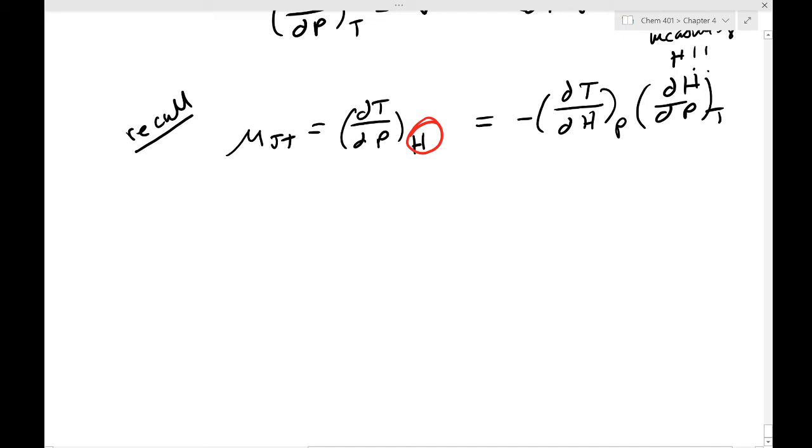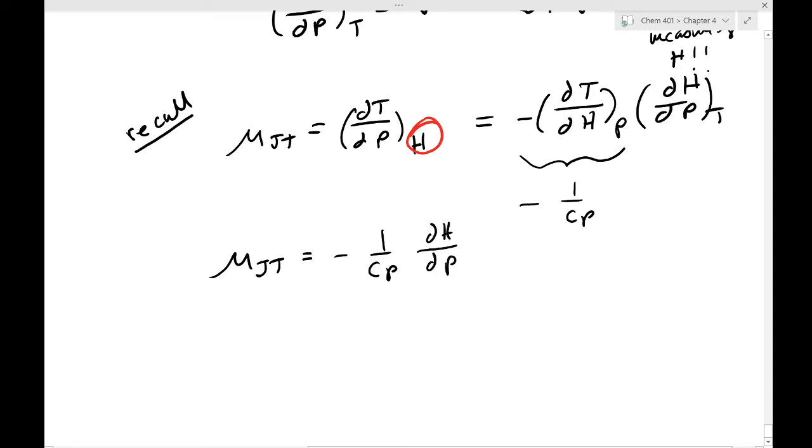The change in temperature with respect to the change in enthalpy is the inverse of the heat capacity, so this first part is -1 over Cp. So we can re-express the Joule-Thomson coefficient as -1 over the heat capacity multiplied by the change in enthalpy with respect to the change in pressure at constant temperature.